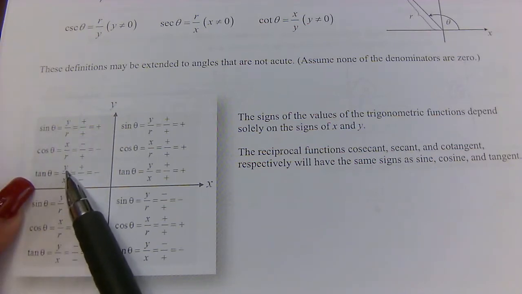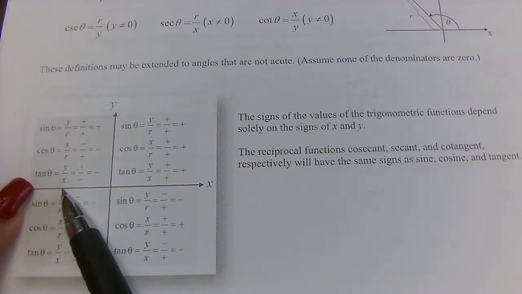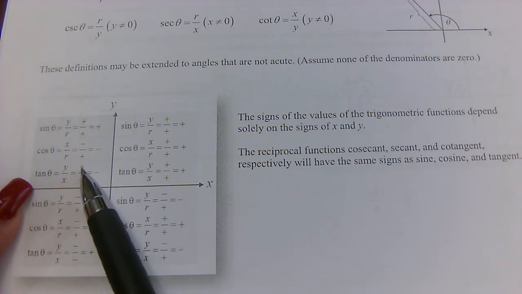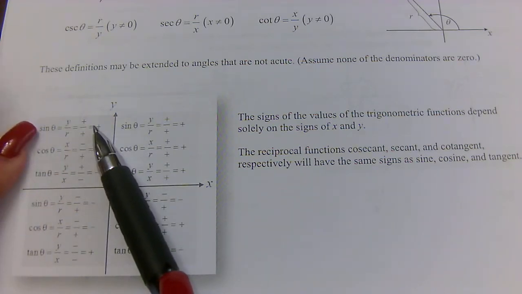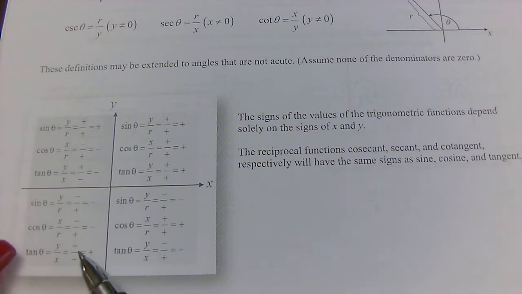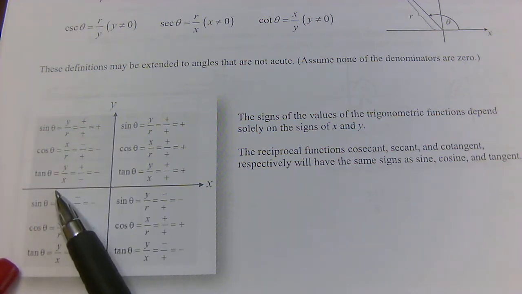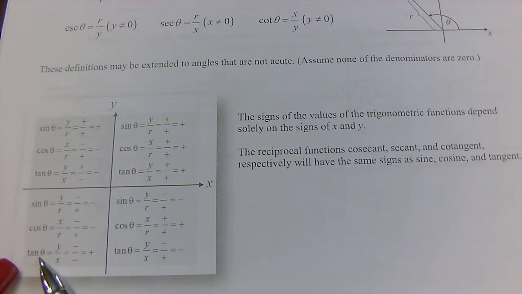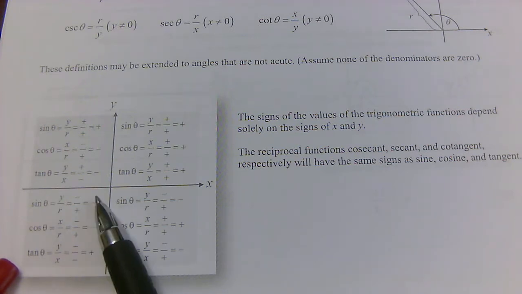Now tangent, remember, it's opposite over adjacent, which means if one of the trig functions is positive and the other is negative, then you're going to have a negative. So here we have sine being positive and its reciprocal. Over here, since they're both negative, x and y, that makes tangent positive and the other two negative.